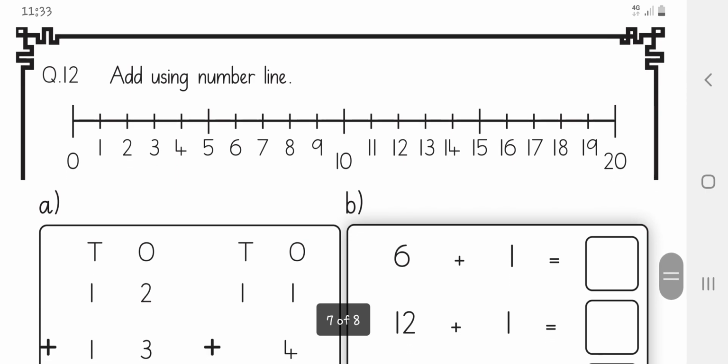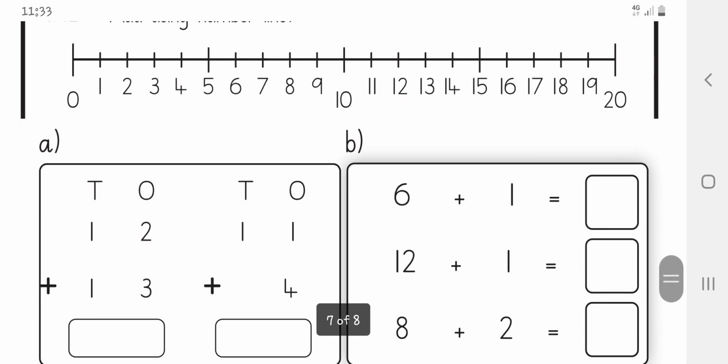Add using number line. So it's not that they will just simply add the digits. They have to use the number line. So for example, if question number 1 is 12 and they have to add 13 to it, how are they going to do? First they have to identify 12 on the number line, right?